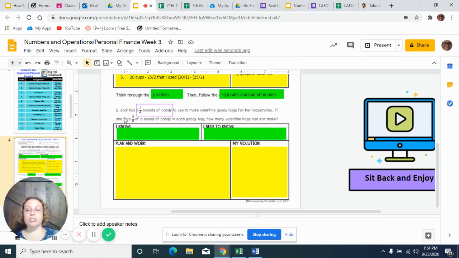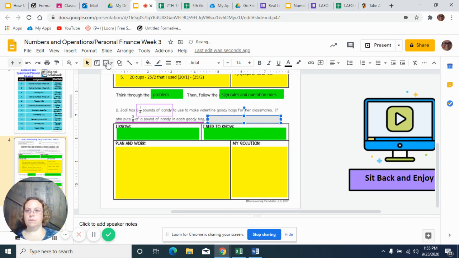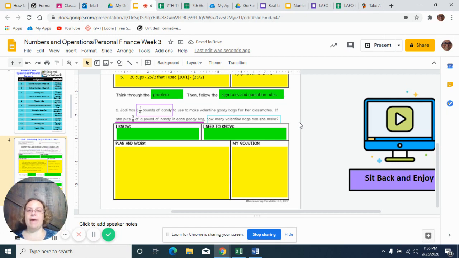If she puts 3/8 of a pound of candy in each goodie bag, so she's putting 3/8 of a pound of candy in each goodie bag, then how many Valentine bags can she make? Okay. So how many Valentine bags can she make?